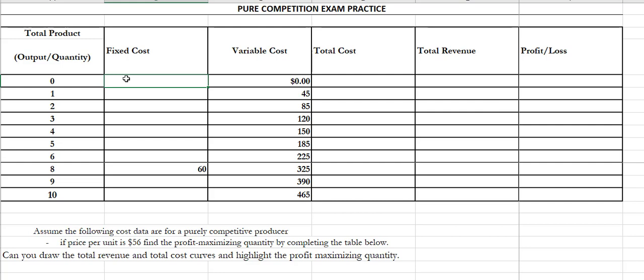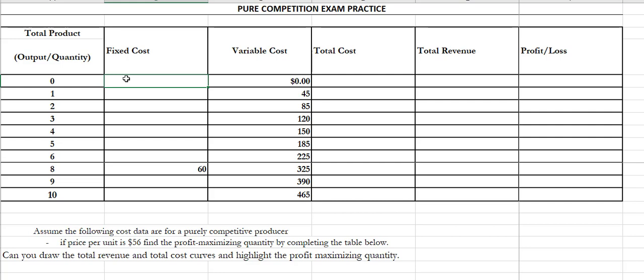No firm dominates the market. And because there's so many sellers in the market, a particular firm will have to take the price from the market. There's also freedom of entry and exit. So new firms can enter freely and existing firms can leave when they want to.